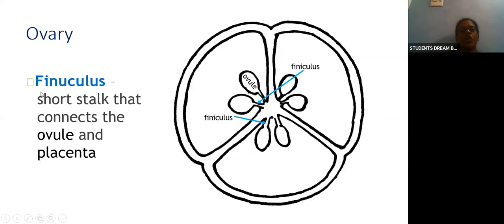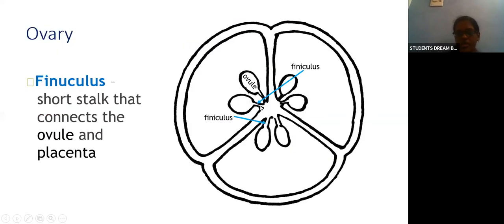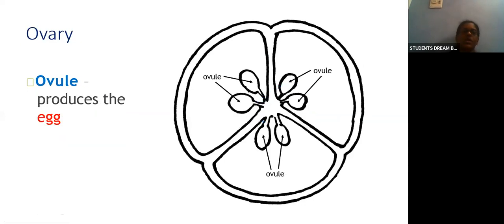Then a structure called the funiculus. What is a funiculus? It is a short stalk that connects the ovule and the placenta. இதுதான் funiculus.